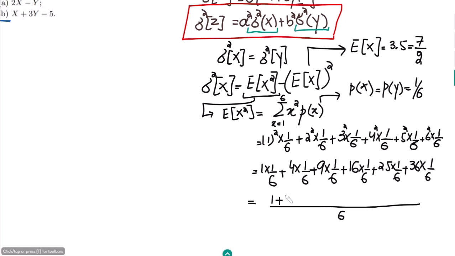So 1 plus 4 plus 9 plus 16 plus 25 plus 36. Okay, so let me add them all together.